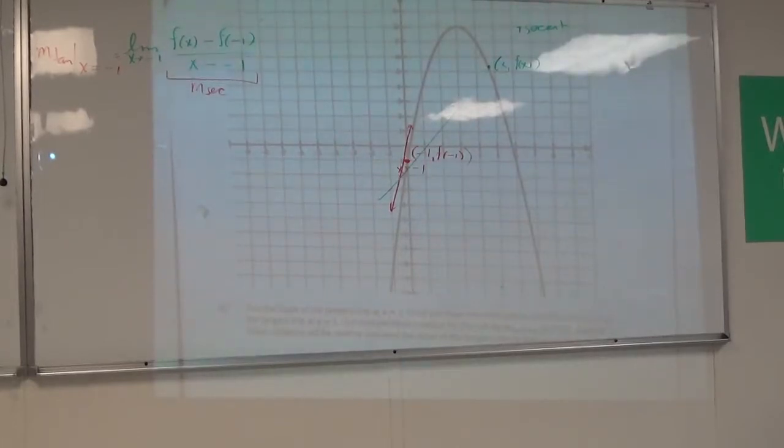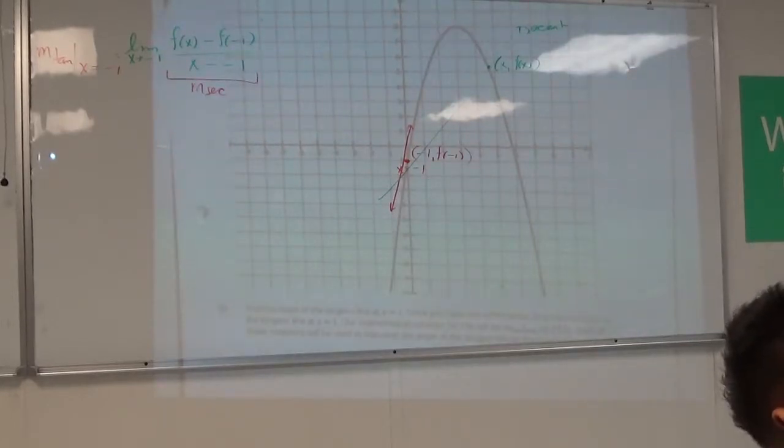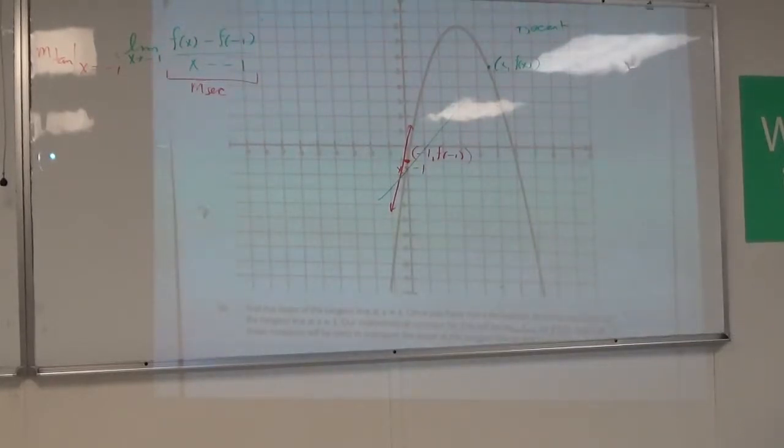Okay, how are we doing here? Let's see the setup. Limit as x approaches 0, f of x. Yeah, on this one, we're trying to get f of x minus f of 1. Here it's f of x minus f of 0, over x minus 2, right? Okay, keep going. Okay, friends over here. Excellent.